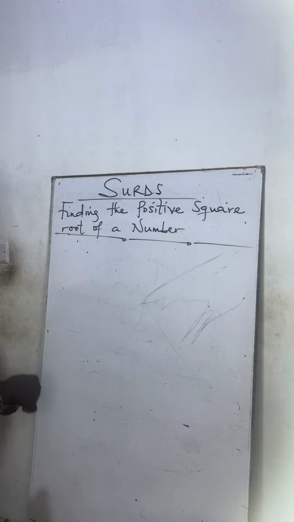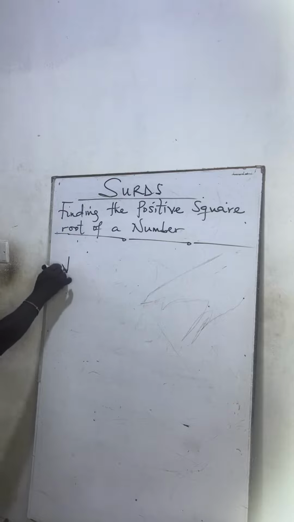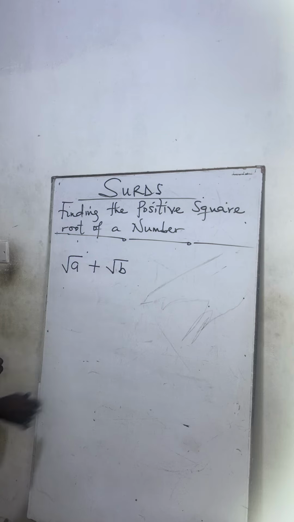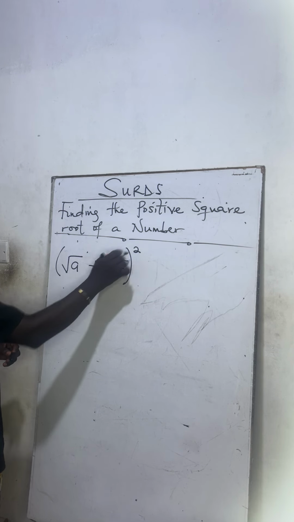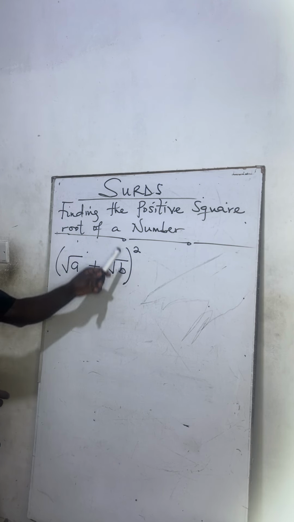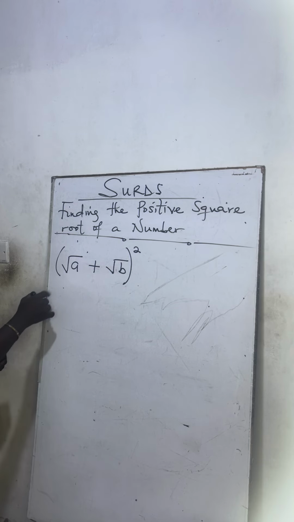Alright, so let's see one or two things here. If we have square root of a plus square root of b, take note of this. Now, when we square that, square root of a plus square root of b all squared, let's see how best we can solve this.